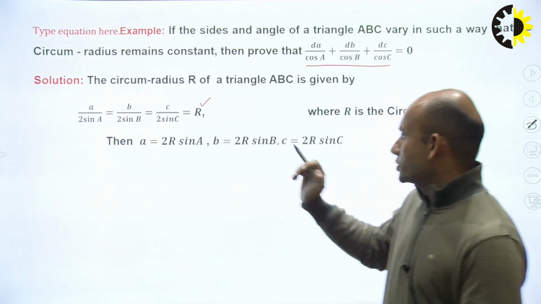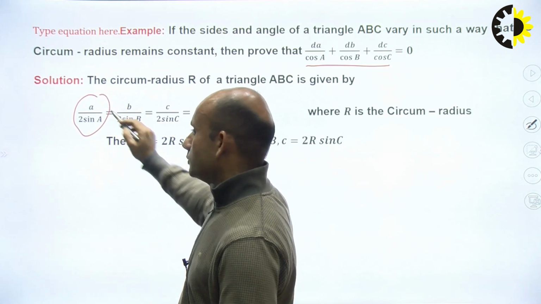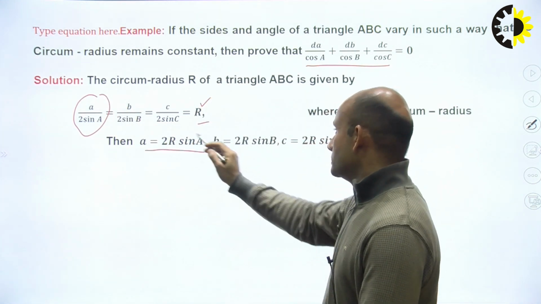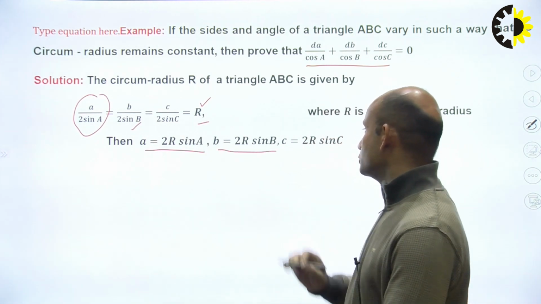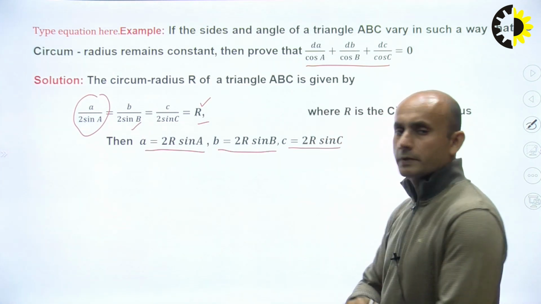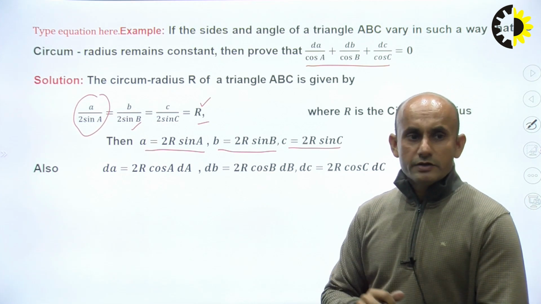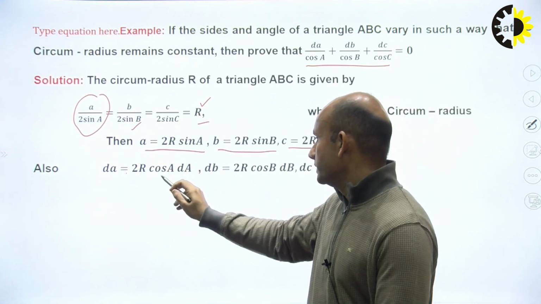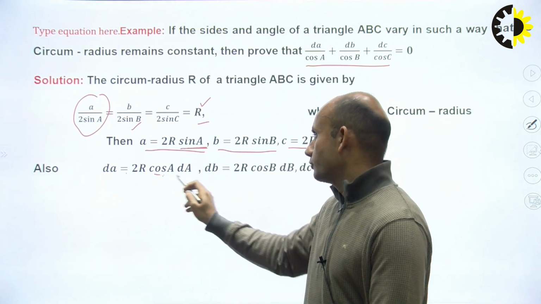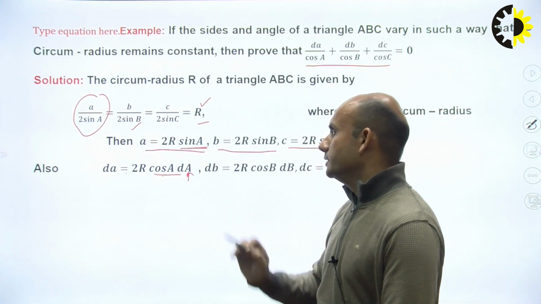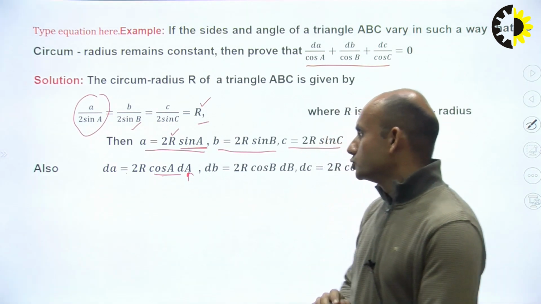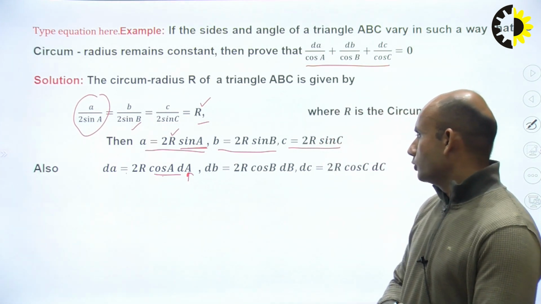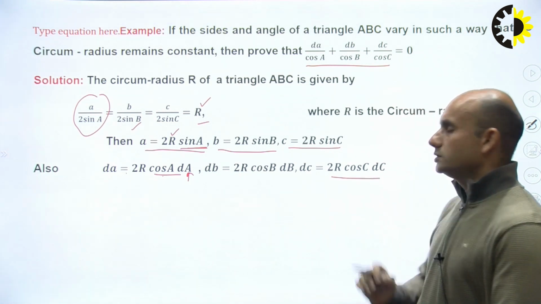Now according to this relation, a upon 2 sin A equals R, so a equals 2R sin A, and similarly b equals 2R sin B and c equals 2R sin C. Then if we differentiate, we get da equals 2R cos A dA, since R is constant here, and db equals 2R cos B dB, and dc equals 2R cos C dC.